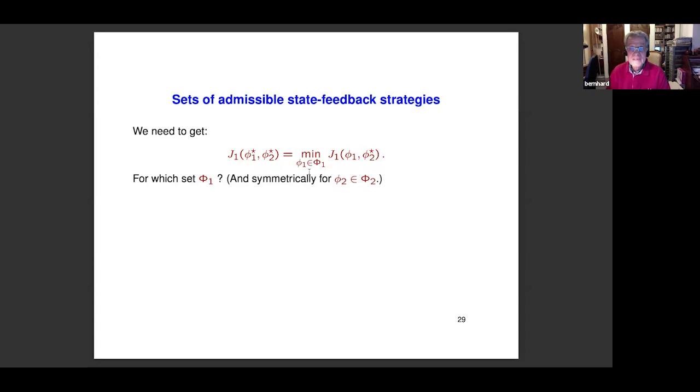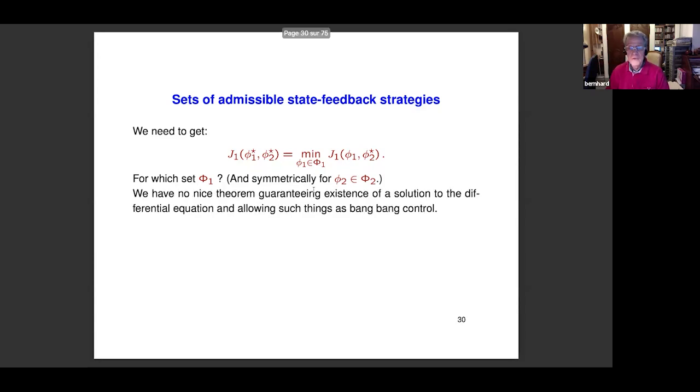But now, what are the good sets phi 1 and phi 2 is a complicated question, as many of you know, because we have no nice theorem guaranteeing existence of a solution to the differential equation driven by these feedbacks, allowing such things as a bang-bang control.